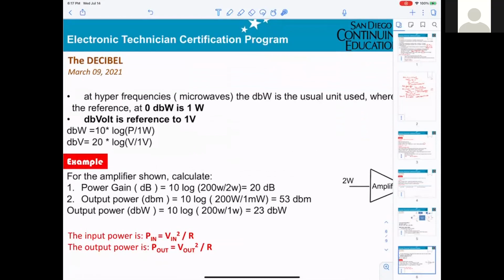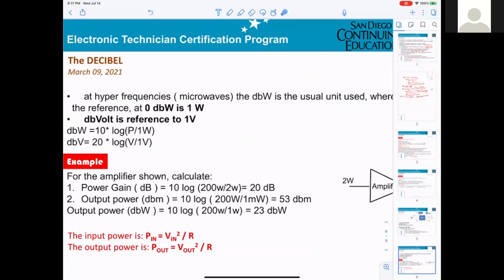Okay, in hyper frequency microwave, the usual unit is the dB watt, where the reference at 0 dB watt is 1 watt. dB volt is referenced to 1 volt.